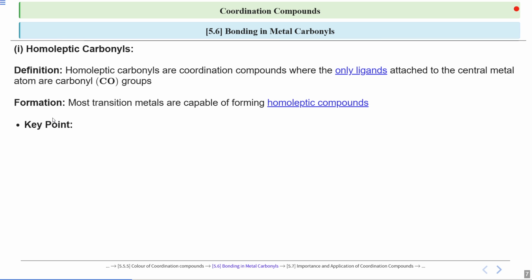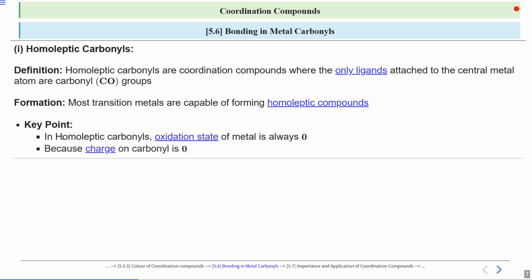The key point to remember is that in homoleptic carbonyls, the oxidation state of the metal is always 0 or the lowest possible oxidation state. Okay. Why is it so? Because the charge on the carbonyl is 0, which will cause the oxidation state of the metal it is bonding to be 0.